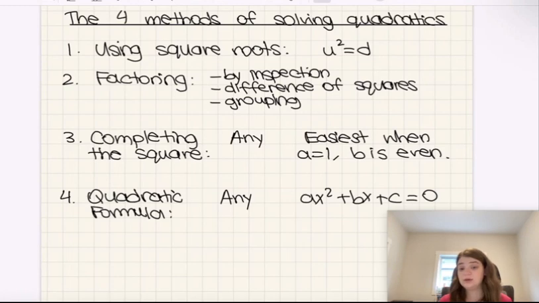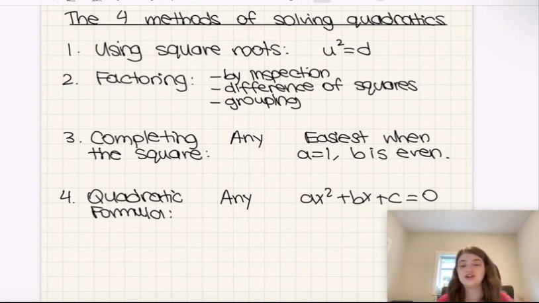Now, that said, you can still complete the square when a is not 1, and you can still complete the square when b is not even. Absolutely, you can. However, it just won't be as convenient a method. In general, the biggest advantage of completing the square is that it works every single time for any quadratic you could be given. That's a really good thing about it.